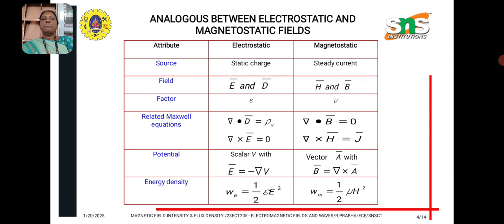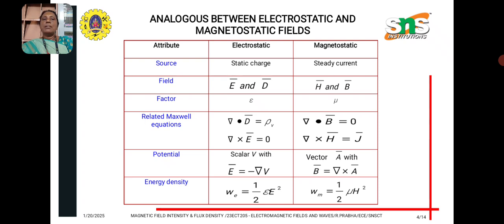First, considering the field. For electrostatics, the field is the electric field E vector and the displacement density D vector. For magnetostatics, the magnetic field is H vector and the flux density is B vector. The factor influencing the electrostatic field is permittivity epsilon, and for magnetostatics it is permeability mu. For the related Maxwell's equations, del dot D vector is rho v, del cross E is equal to 0.